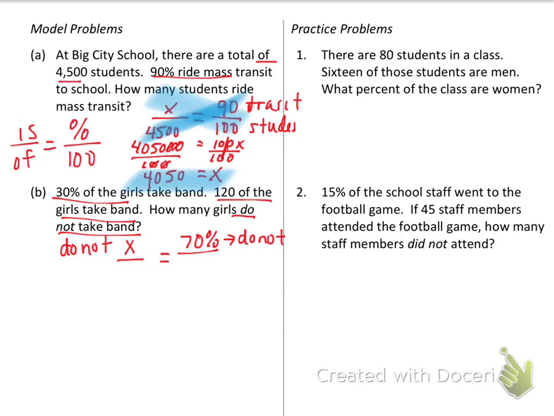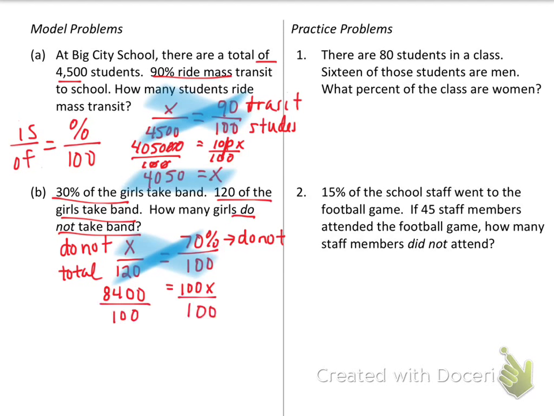So total girls is on bottom, do not is on top. I know there's 120 girls on the bottom, and I know that percent is always out of 100. So I cross multiply, and I get 100x equals 12 times 7 is 84. Add 2 zeros, 8,400. Divide by 100.